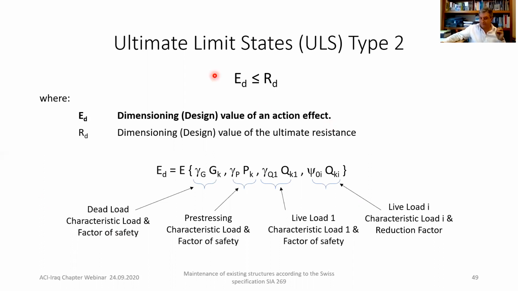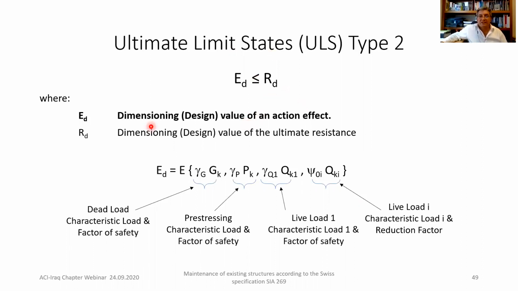We have the typical form of relation between the effects of action and the resistance of the structure. Here, E means the effect of the action, and we love to call the loads actions more than loads.